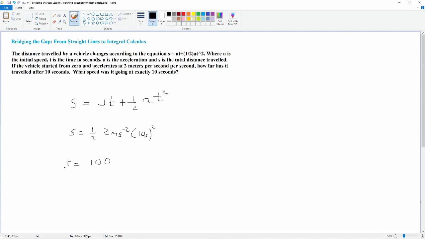So the seconds to the power minus 2 and the seconds squared cancel out, so we're just left with meters. So the vehicle has travelled 100 meters in 10 seconds.